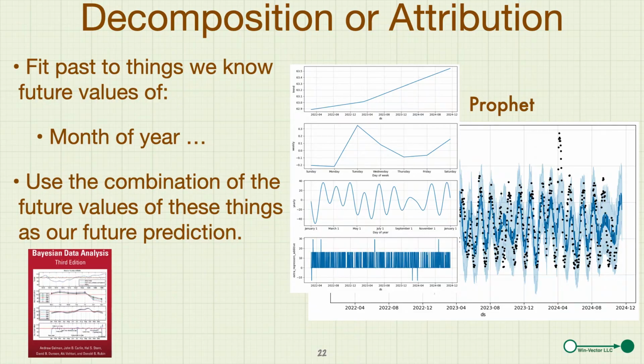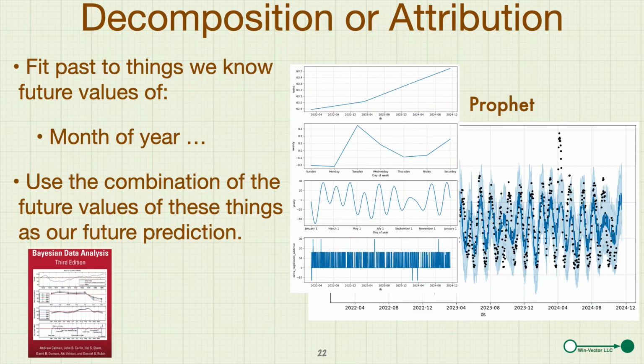You tell it when, and then it can join in certain things like seasonality and give you predictions. And what it also gives you, in addition to predictions, is the graph I show here, the decomposition of the model into a trend component, a seasonal component, seasonal in this case being both day of week and month of year, so there are 2 seasonal components here. And then also an external regressor component, which is the last part of the panel.